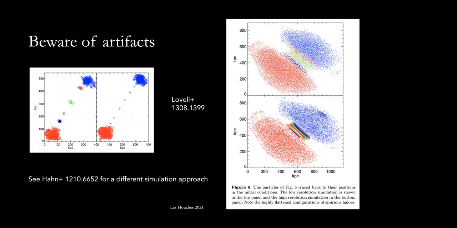One thing that's important for warm dark matter simulations is that you can get artifacts, depending on the details of your gravity solver on small scales. The left-hand panel shows where particles end up at redshift 0.